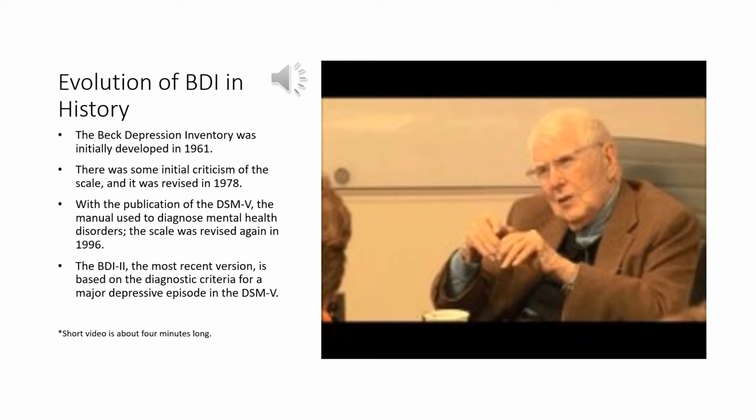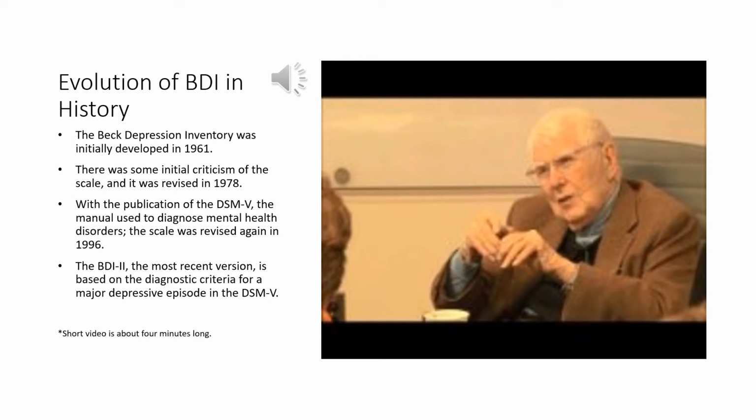Really quickly, I wanted to go over some of the evolutionary history of the BDI, just a few quick points, and then I wanted to point you to a video that's about 4 minutes long, from Dr. Beck himself, which is a good historical marker. The Beck Depression Inventory was developed in 1961.